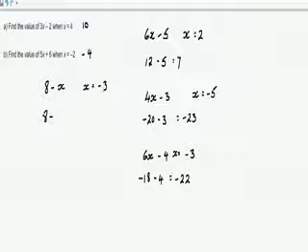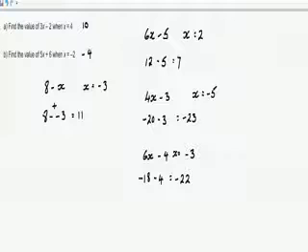Now x is minus 3. Now the signs can touch, and the same signs always give positive, different signs negative. So 2 minus signs give me a positive, so 8 plus 3 gives me 11.